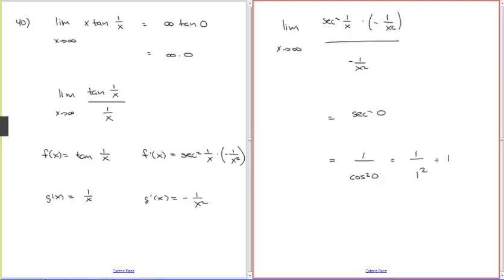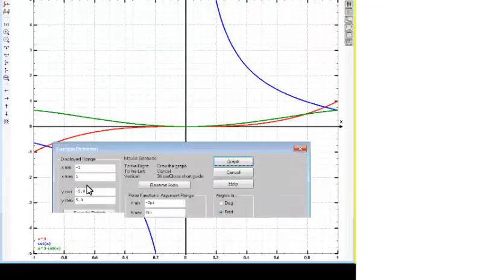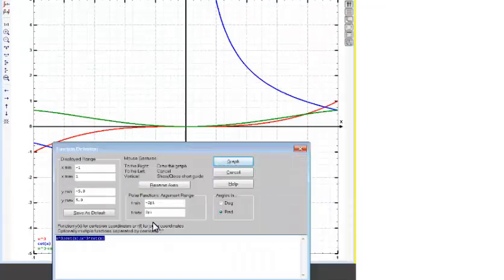So that's the limit. And let's just see if that really is true by plotting it. So we're going to close this, and we'll open up the graphing program. Okay, that's left over from a previous problem, but we're talking about x times tangent 1 over x.